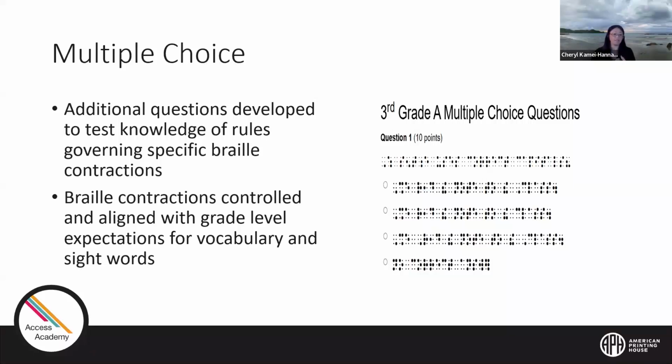For example, the use of a .6 indicator or the use of formatting indicators that print doesn't have, the multiple choice section will test out. And that will inform your instruction, because then you're able to tease apart perhaps is this related to reading or is this related to Braille, and the need to be able to teach specific indicators that are used in Braille.